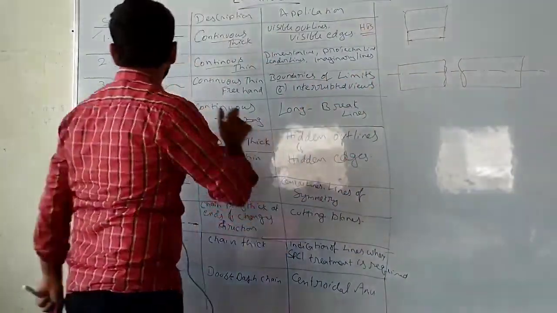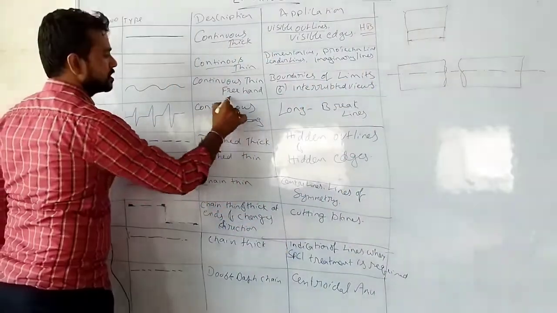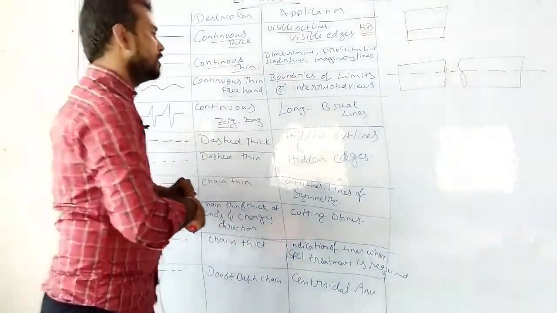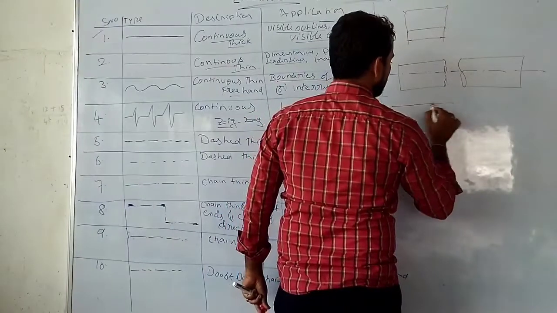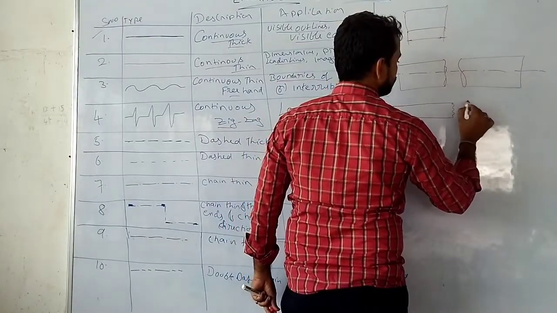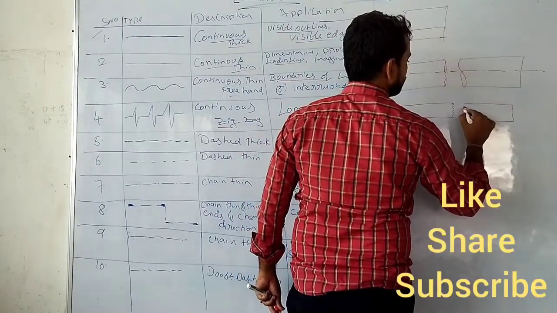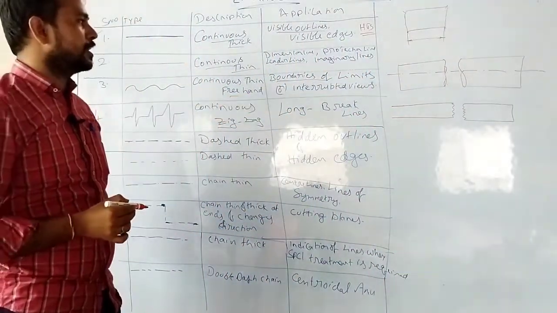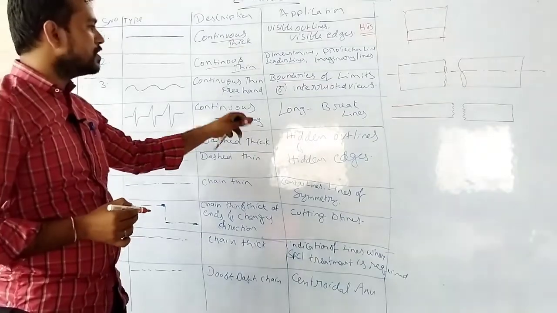Okay, and the next thing is continuous zigzag. Continuous zigzag is for long break lines. Suppose there are shafts which are broken, then we use continuous zigzag lines.